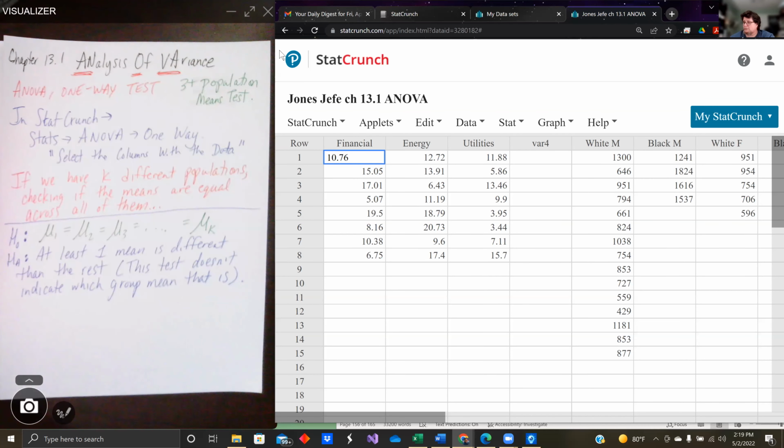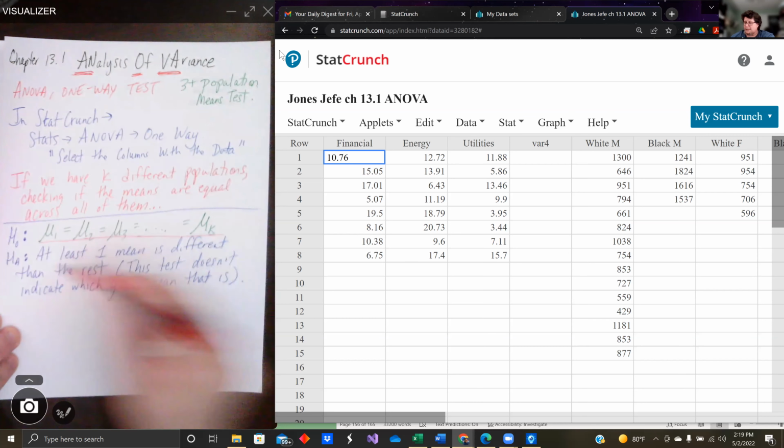So all means are equal. At least one mean is different.